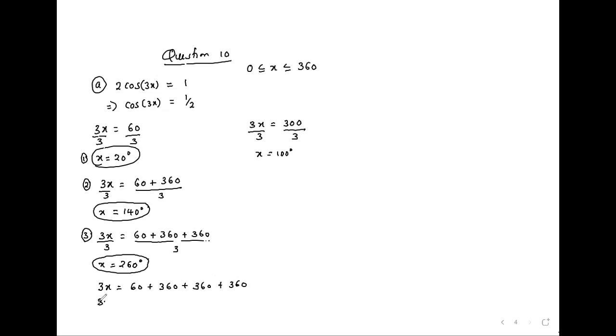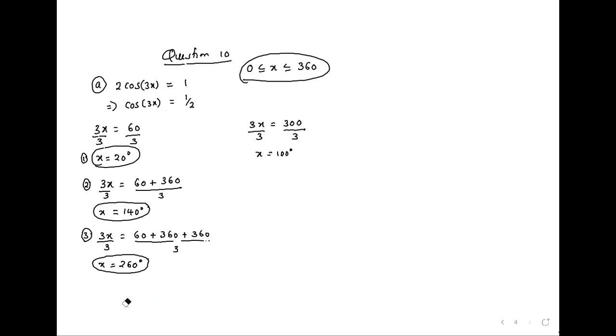The total should be 1140. When you divide by 3, your x comes out to be 380. Now 380 goes beyond the given interval, so it means that we don't go that far. If I'm dealing with 3x, then I'll just get the first, second, third. So this one is not needed.